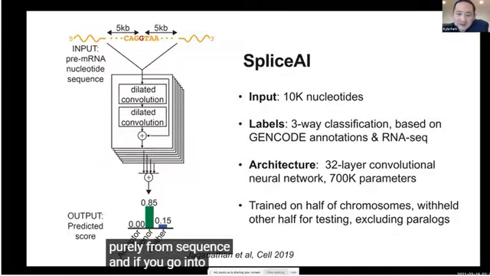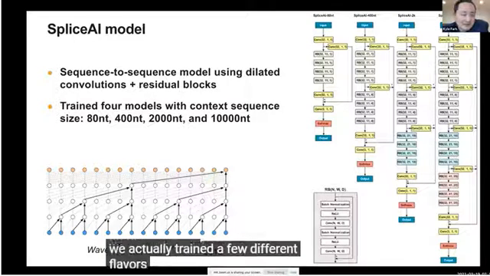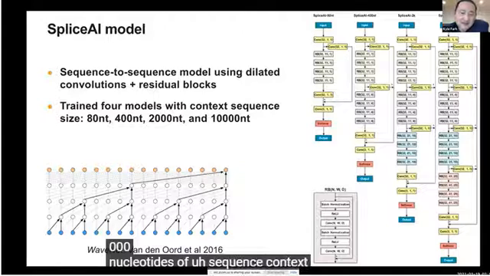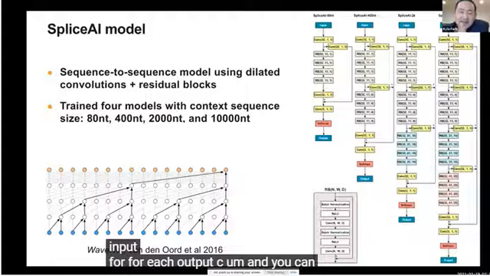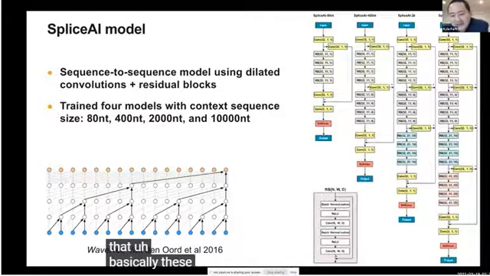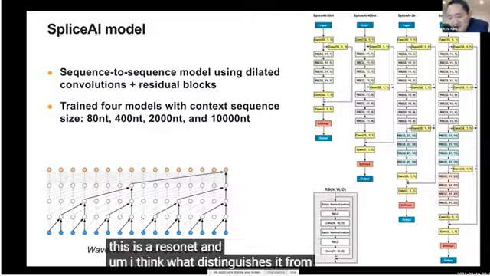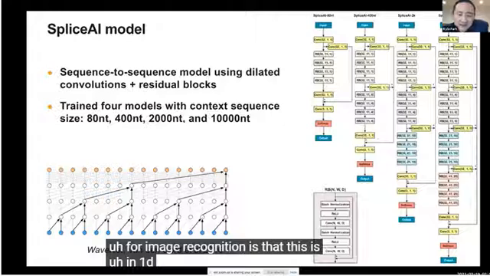If you go into the model architecture, we train a few different flavors of this at 80, 400, 2000, and 10,000 nucleotides of sequence context as input for each output. You can see that these are all residual blocks. This is a ResNet, and what distinguishes it from your standard ResNet for image recognition is that this is in 1D.